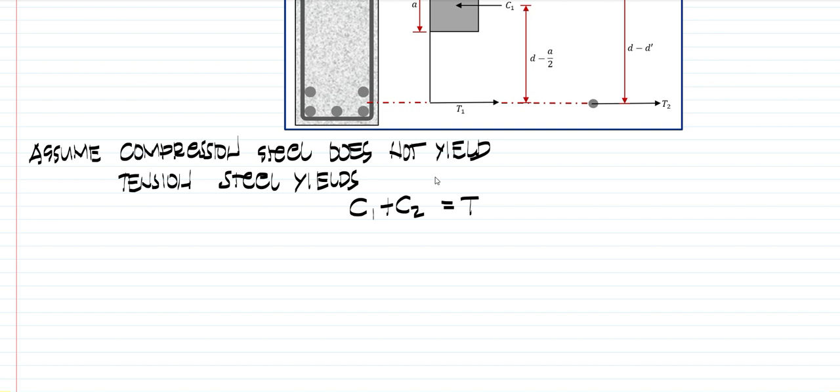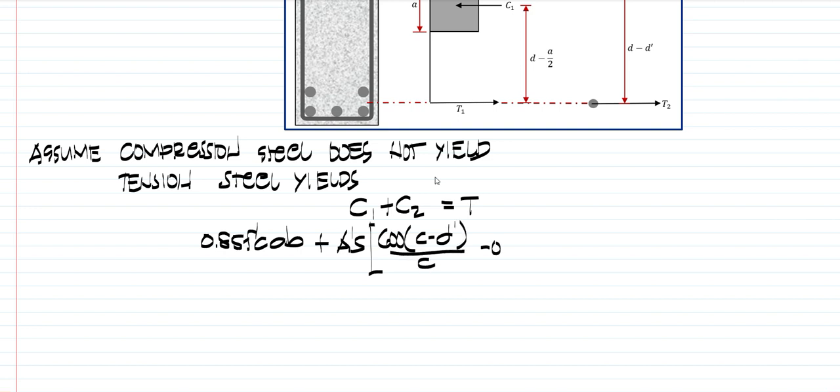From this, we could say that it is 0.85 f'c ab plus A's. Since our assumption is that it does not yield, we substitute the equation 600 times (c minus d' over c) minus 0.85 f'c, equal to As fy.